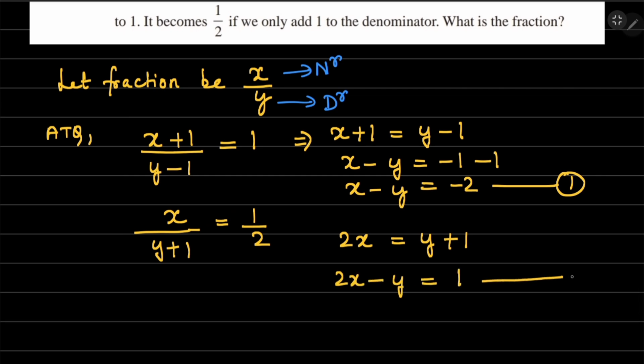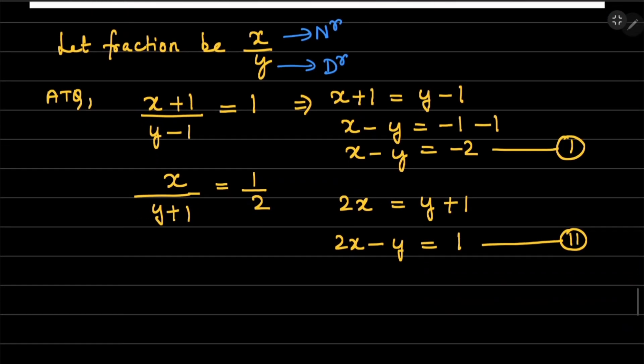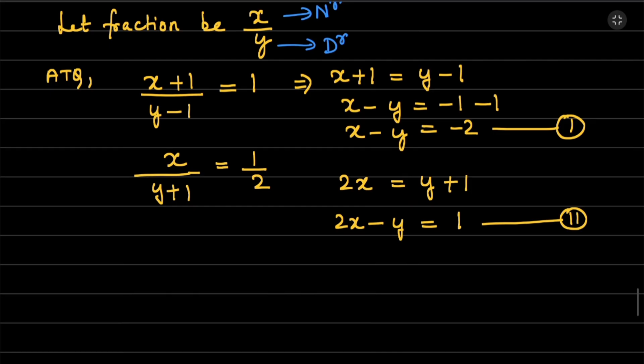So now that you have got two linear equations, you have to use the elimination method. So see, you can see minus y in both. So let us subtract them. Let me write the two equations again. x minus y equal to minus 2 and 2x minus y is equal to 1. So when I subtract, I change the sign.